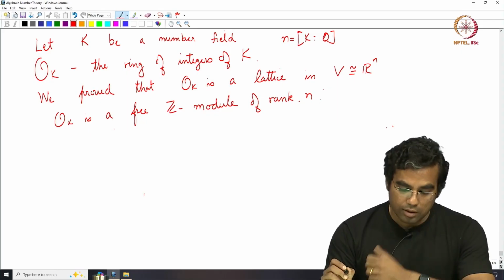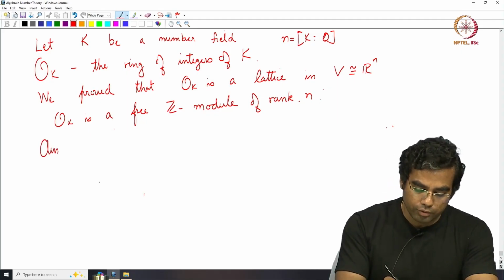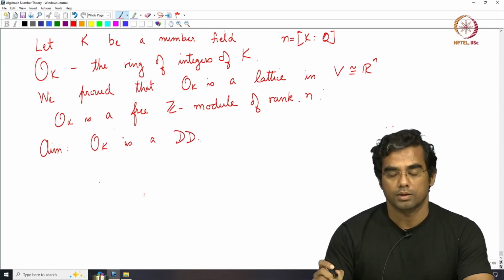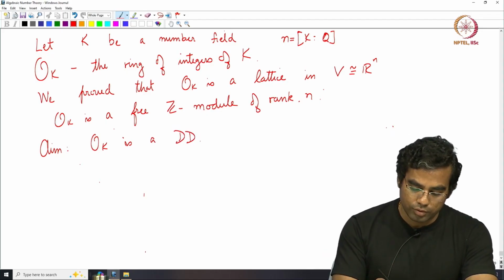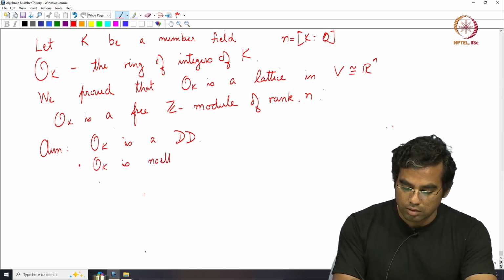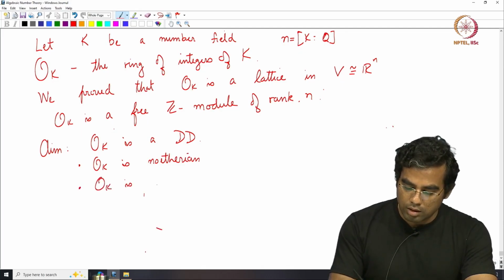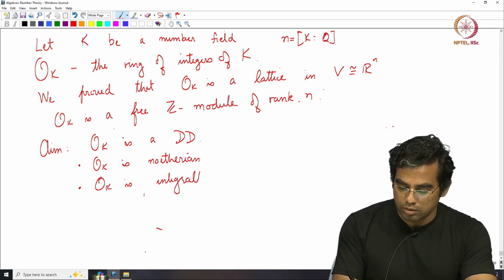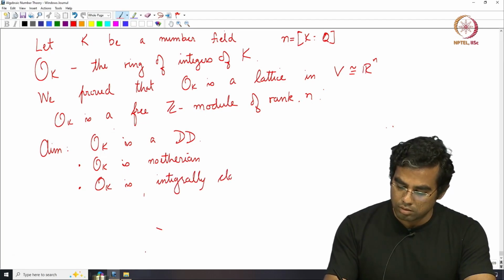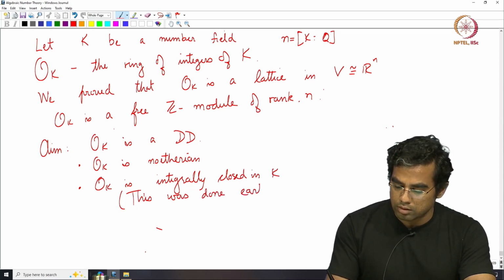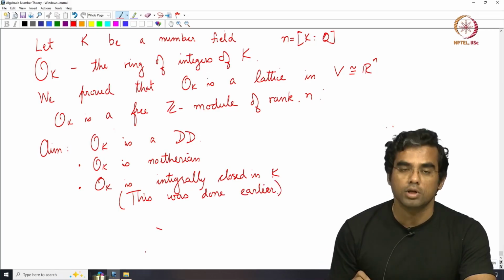All right. So, now our aim is to prove that OK is a Dedekind domain, right. So, what do we need to prove? We need to prove three things. OK is Noetherian, OK is integrally closed in K. This was done earlier, so I do not need to do that.